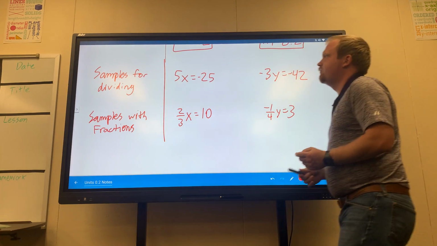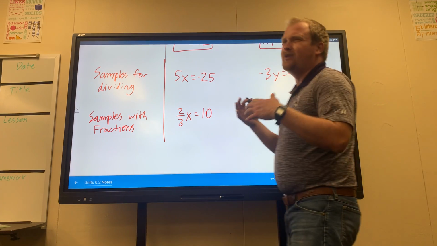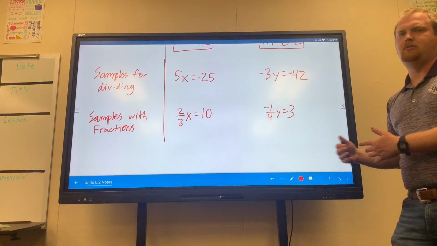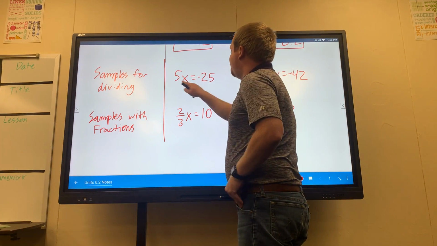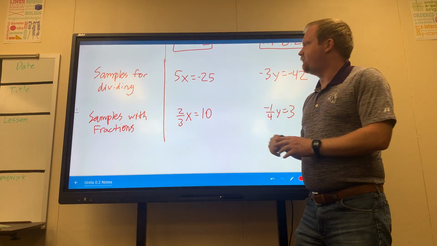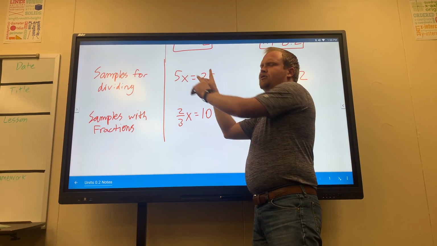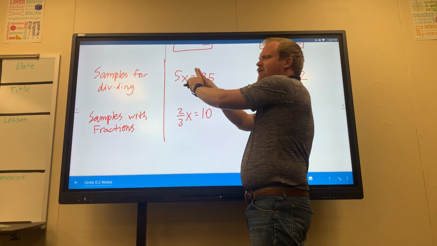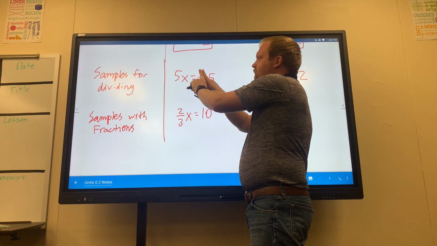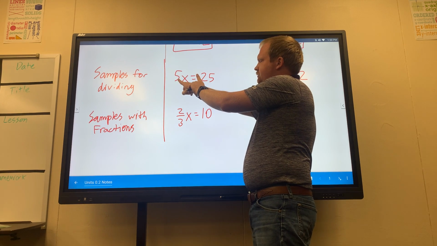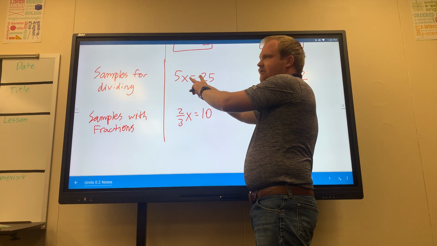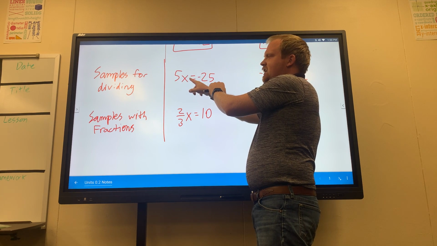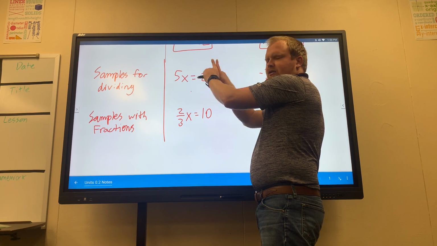Now, let's look at some samples where we have to divide instead. We have to divide the same number on both sides. So I have 5 times x equals negative 25. Remember, if these two numbers are close together like that, with nothing in between them, not a positive or a negative sign, but back to back like that with the coefficient and the x, not just a negative 25, because that's just a number, then they're multiplying.